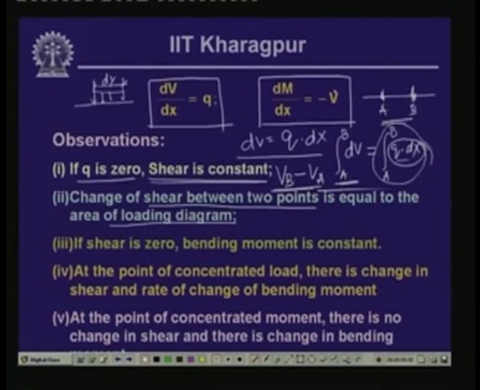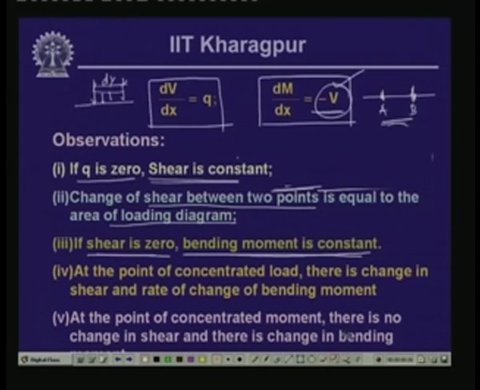Now, from this particular expression, dM/dx is equal to minus V, if shear force is equal to 0, then bending moment is constant, and this is what we have observed right now. Now, if we would like to calculate the change in bending moment between these 2 points B and A, as we have done for the shear force, then what do we get?